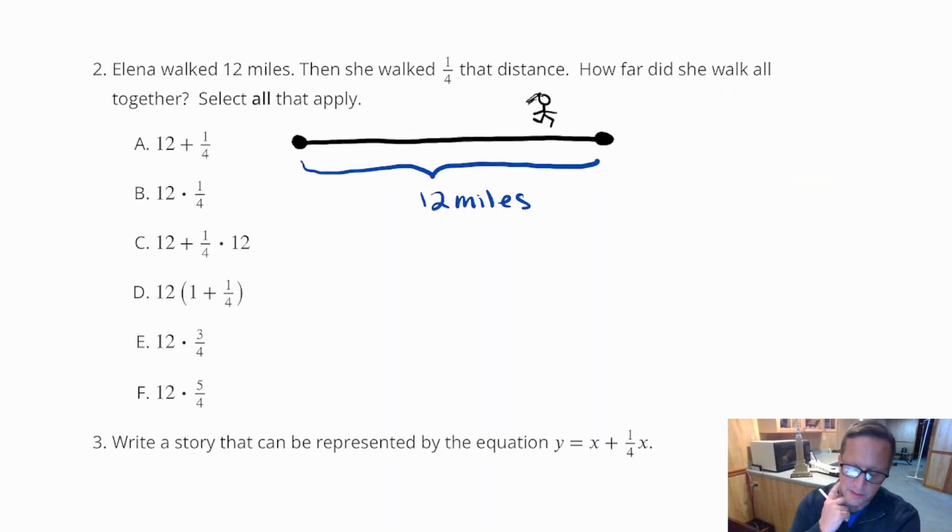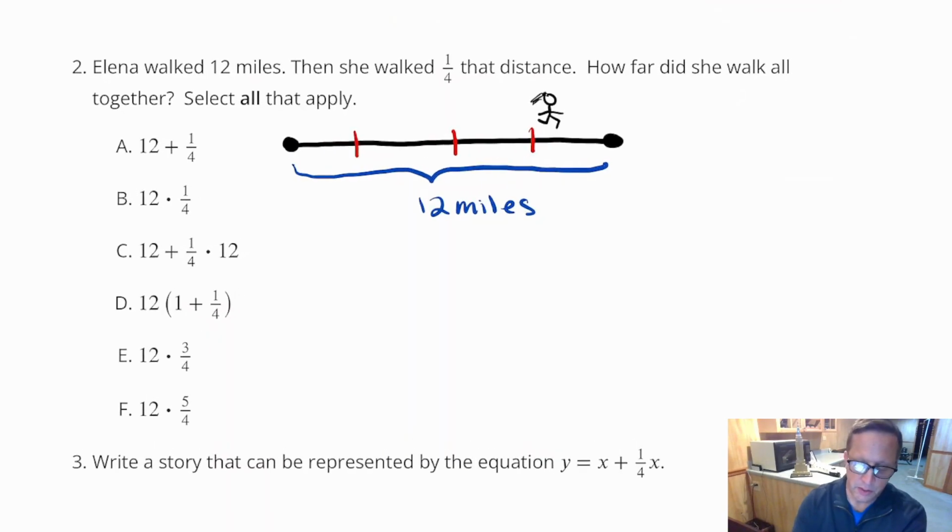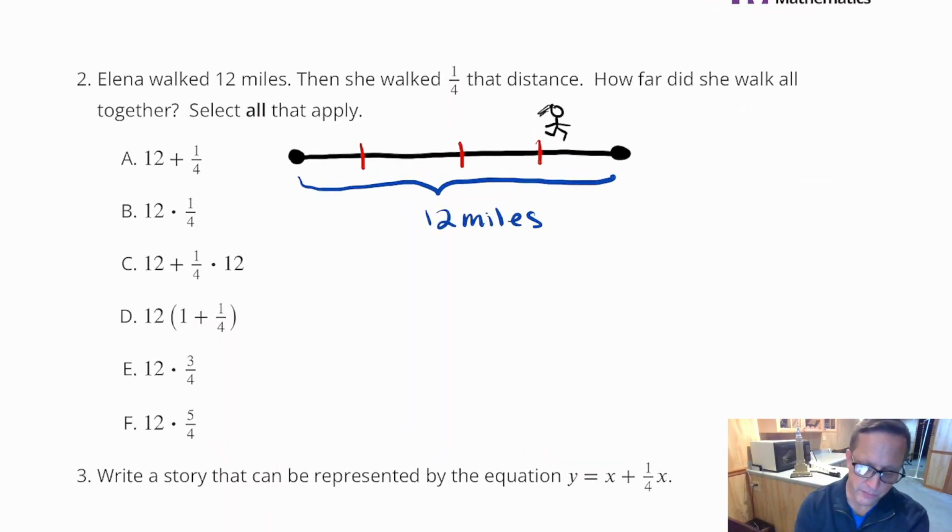All right, and then she walked another fourth of that distance, so 1/4 of that distance. So since it's a picture, I'm going to break it up into fourths. I don't like where I put that. How about right there? But there it is. I broke it up into fourths. So those are all fourths.